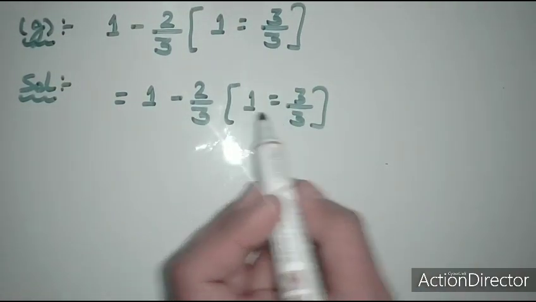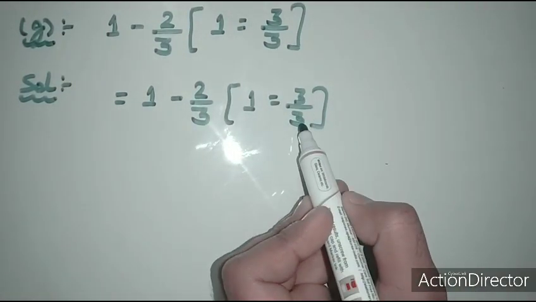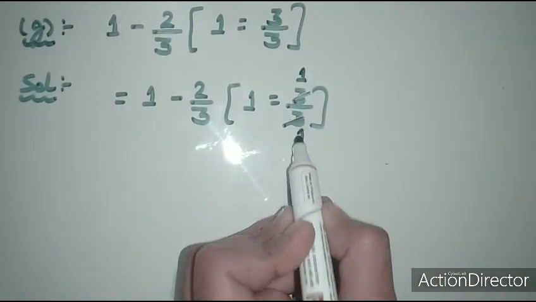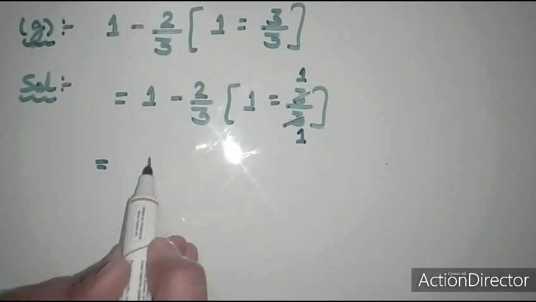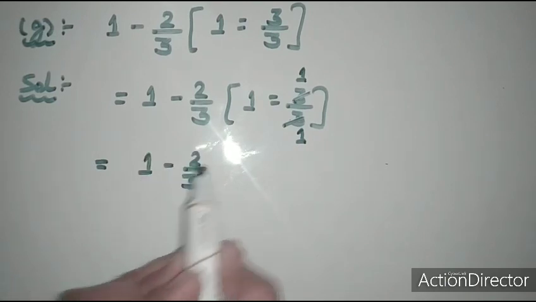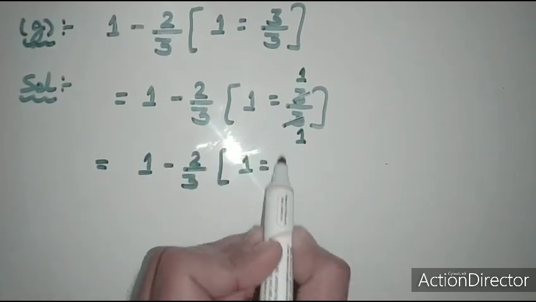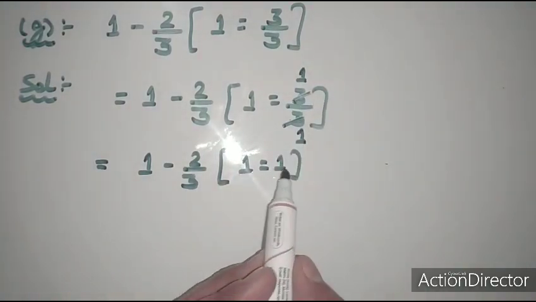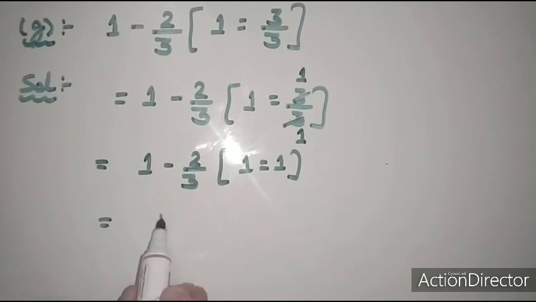Because 3 upon 3 is divisible by 3, we reduce this fraction: 3 ones are 3 and 3 ones are 3. After that we write 1 minus 2 upon 3, with 1 equal to 1 upon 1, because you all know, students, 1 upon 1 equals 1. So here we solve this part of the question, 1 minus 2 upon 3.